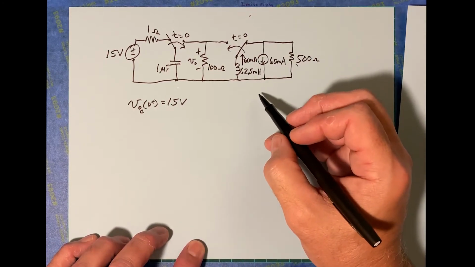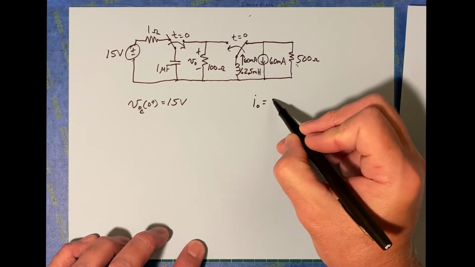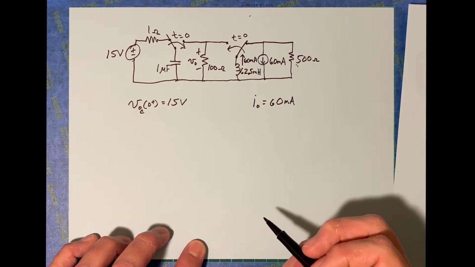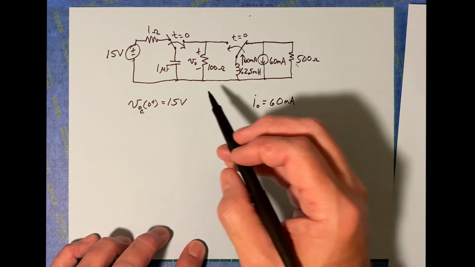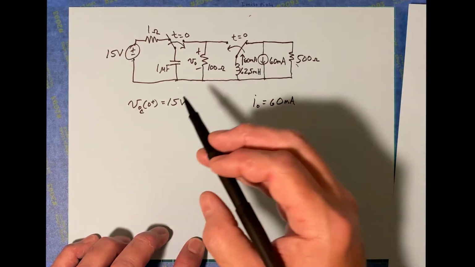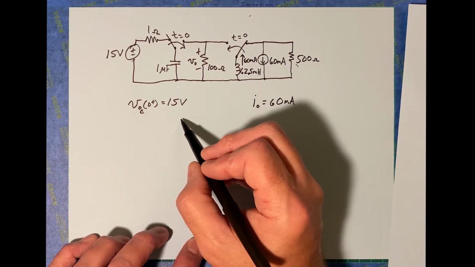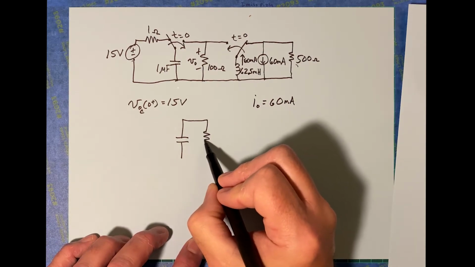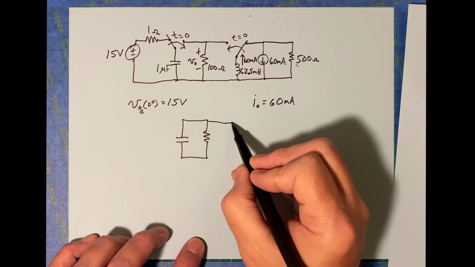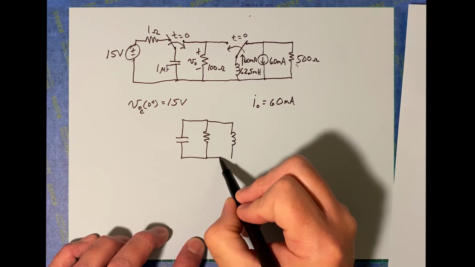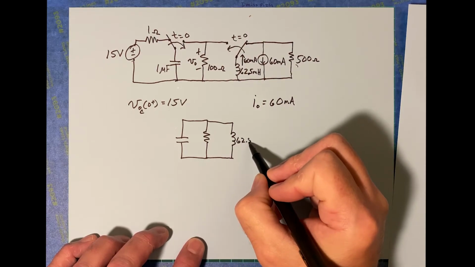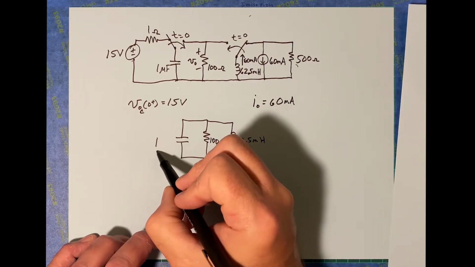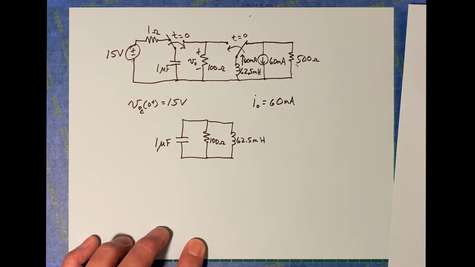And we can say that this current I naught is going to be 60 milliamps, going up through it like that. We got that from isolating the two sides here. After t equals 0, we end up with this as our circuit, like that: 62.5 millihenry, 100 ohms, and 1 microfarad.